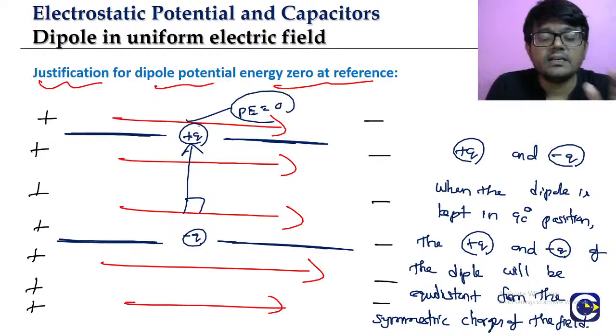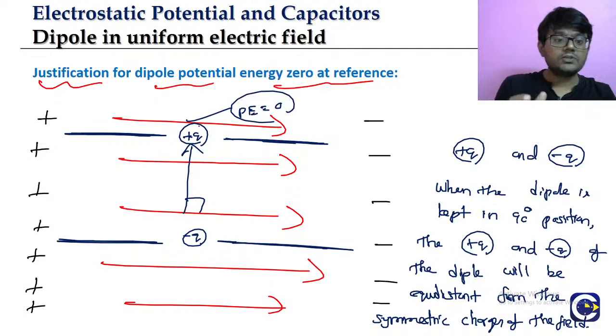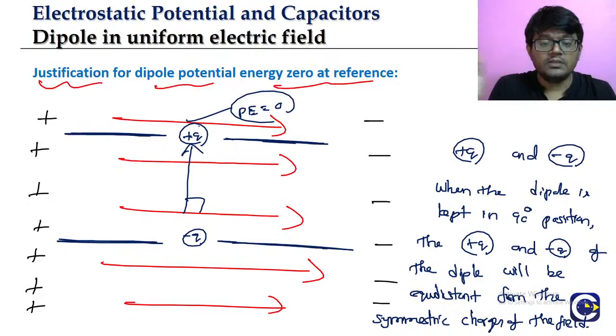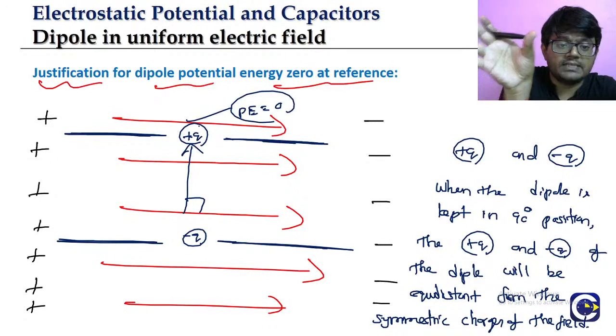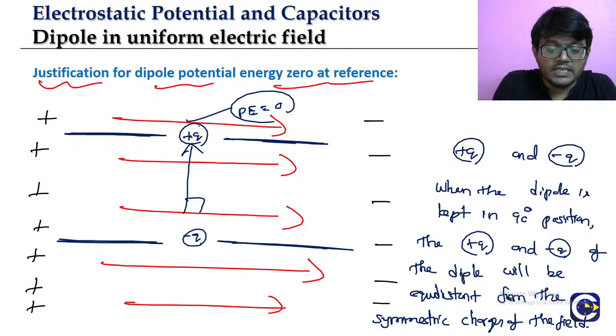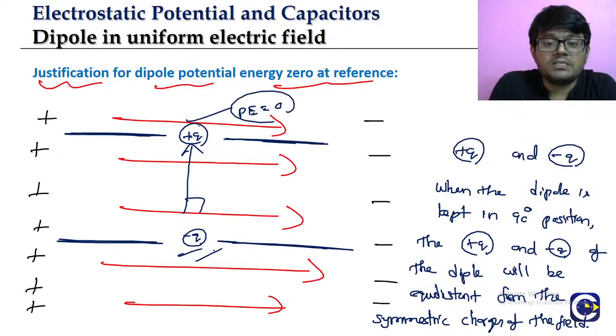A uniform electric field has symmetrical positive charge on one side and negative charge on the other. So the positive part of the dipole will be equidistant from both the negative charge and positive charge of the electric field. In the same way, the negative charge of the dipole, minus q, will also be equidistant. So the overall potential energy of both the charges becomes zero.